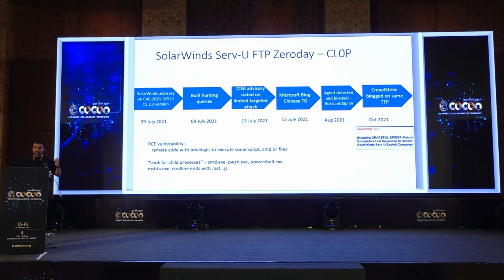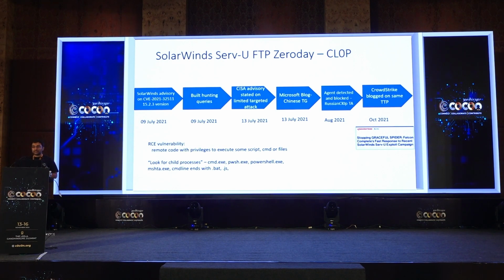On 9th July 2021, SolarWinds published an advisory stating that their FTP application version 15.2.3 was susceptible to a remote code execution (RCE) vulnerability. On the same day, we built hunting queries. Trust me, sometimes building hunting queries can be easy, sometimes it might be out of your scope based on the technology you work for.